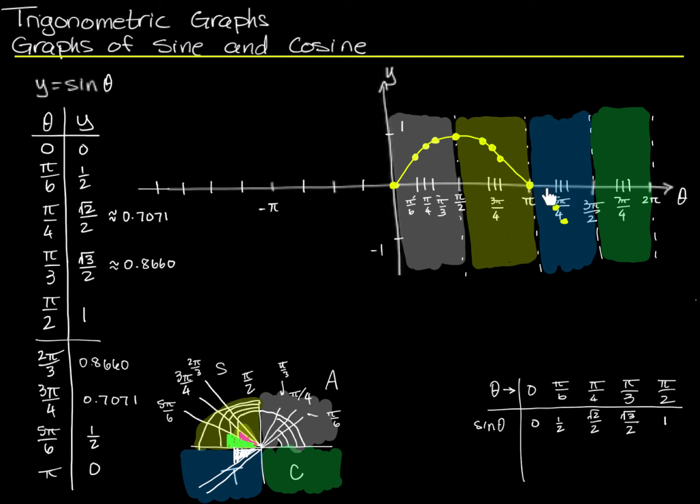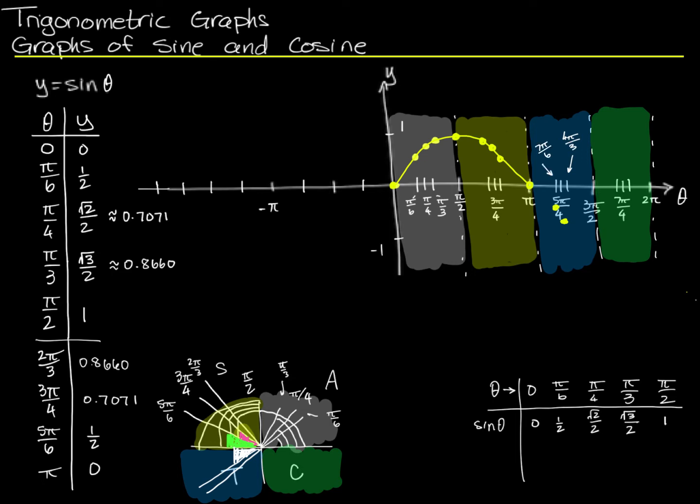This would be 3 pi over 3, so this one's going to be 4 pi over 3. Sorry, wrong pen. 4 pi over 3. This one was 7 pi over 6.